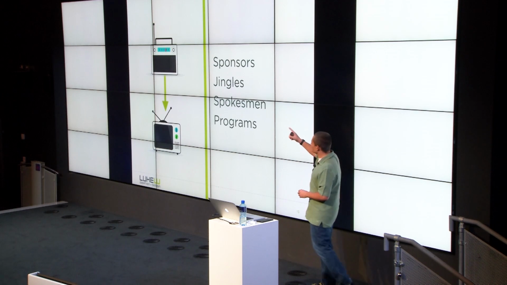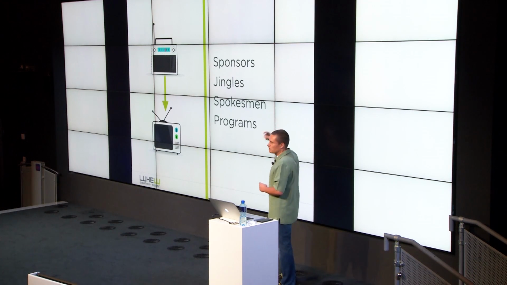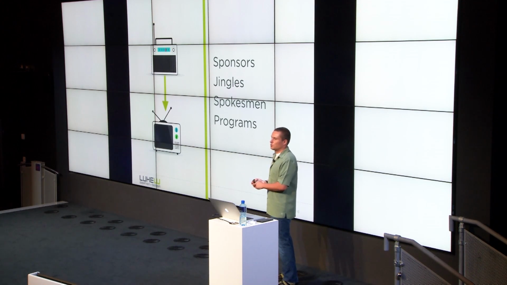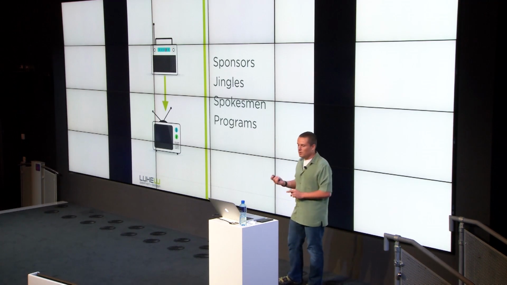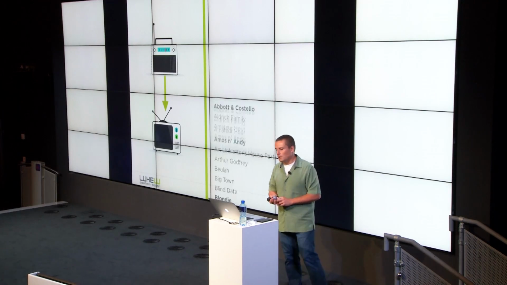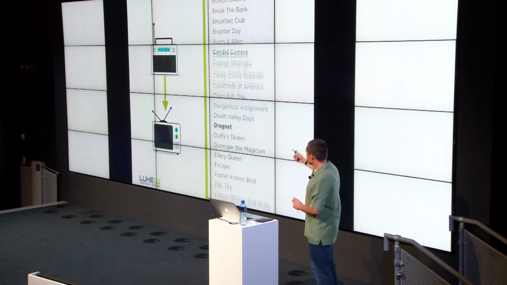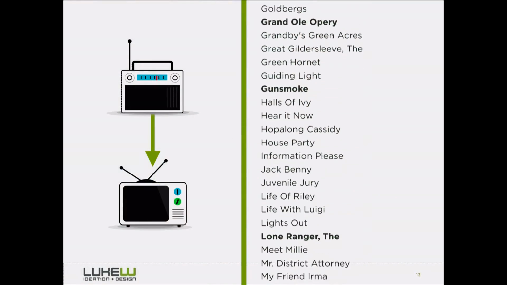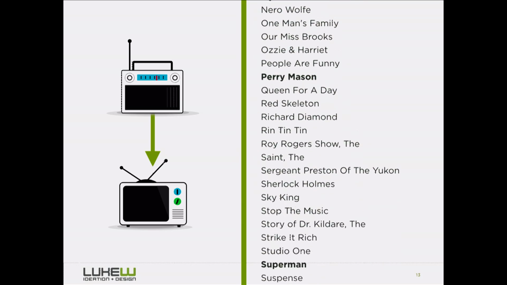The whole notion of a sponsor, somebody who sponsored the radio program, translated into advertising. Spokesmen were literally people who spoke for a product. And if you look at the first round of TV programs, a lot of them were originally from radio. They just sort of ported them over.